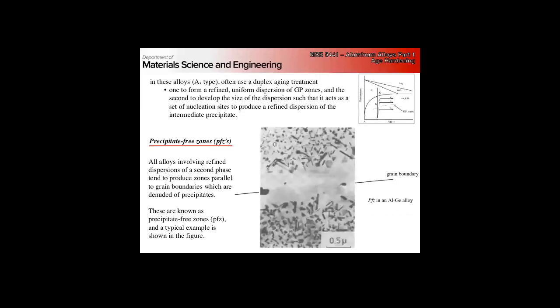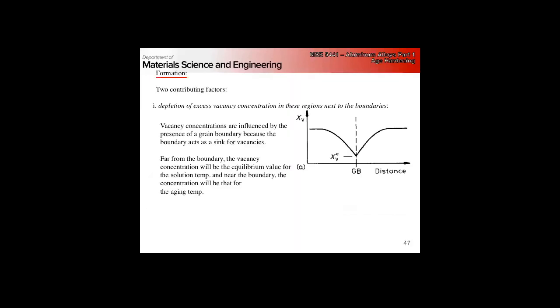Precipitate free zones, right? There's two. What are the two mechanisms by which precipitate free zones form? Well, one is the excess vacancy concentration. The grain boundaries act as natural sinks, so we are in a vacancy starved regime near the grain boundaries.